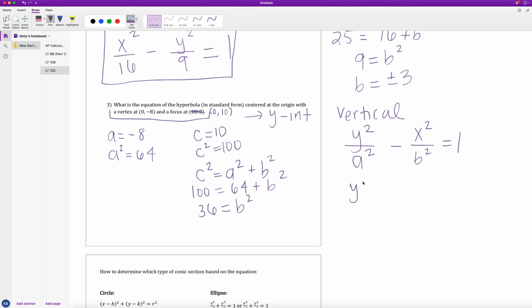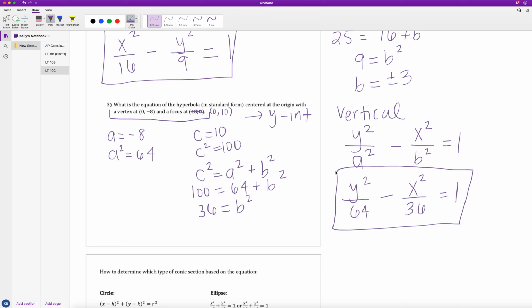So my final answer is going to be y squared over 64 minus x squared over, not 100, over 36, since that's what we found for our b squared. So x squared over 36 equals 1. And that is going to be our final answer for the equation of our hyperbola.